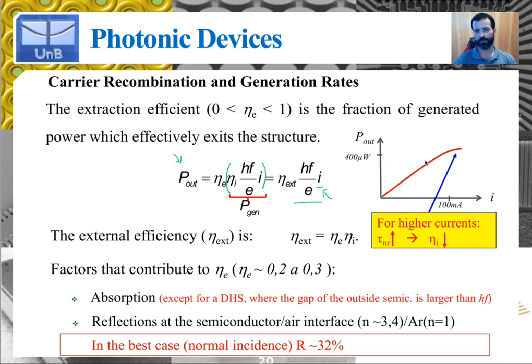Then this linear relation will begin to saturate for some output optical power. But for most of the typical current values that we are interested in when polarizing an LED, the relationship should be very much linear.